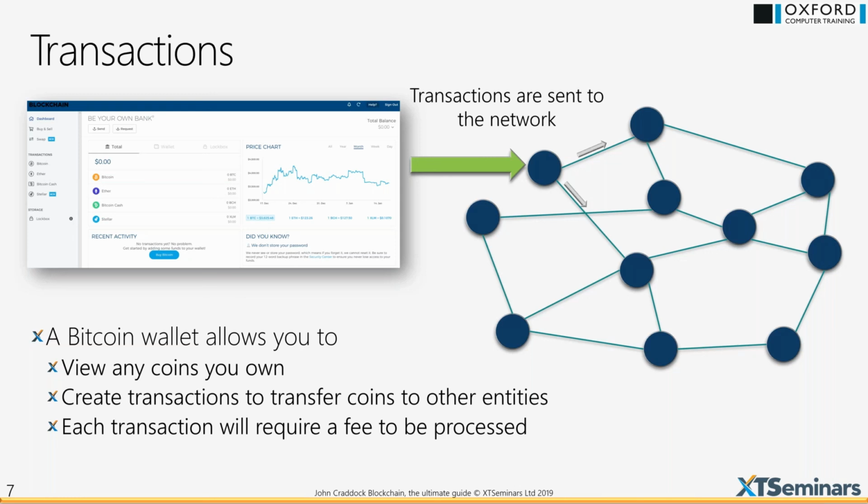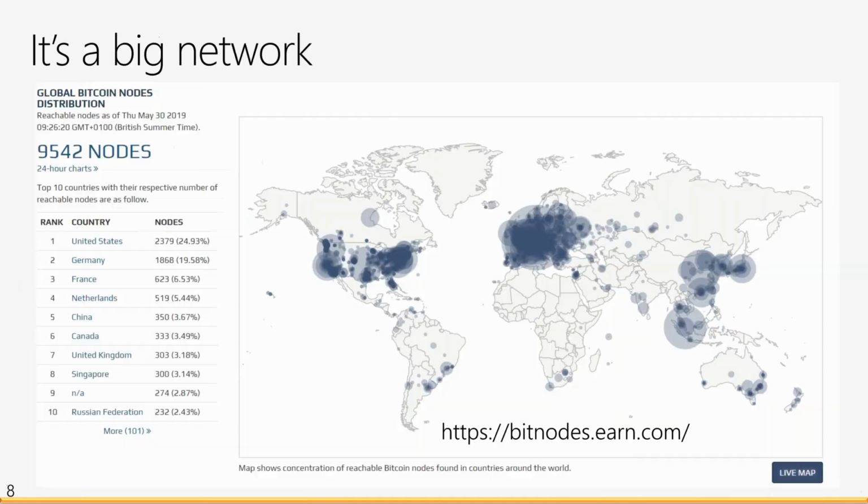If we look at a transaction, it goes across the network, and as it goes through the network, each node is mathematically validating that transaction. It's a very, very big network. Currently, and this is this morning at 9:26 GMT, there were 9,542 nodes online.